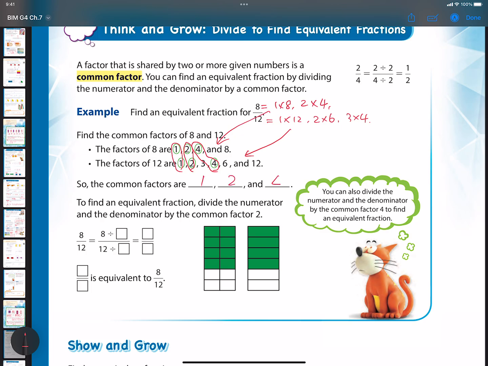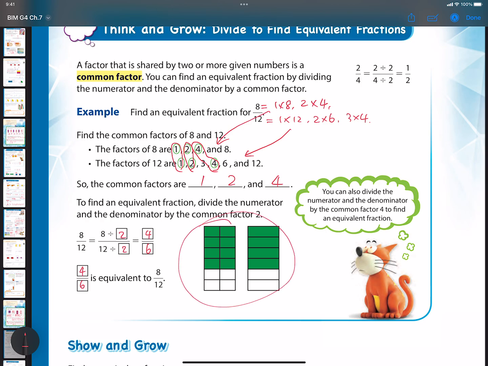To find an equivalent fraction, divide the numerator and the denominator by the common factor 2. You can even do 4 if you want to, but they were asking us to do 2. When you divide 8 by 2 and 12 by 2, you get 4 and 6. So 4 over 6 is equivalent to 8 over 12.